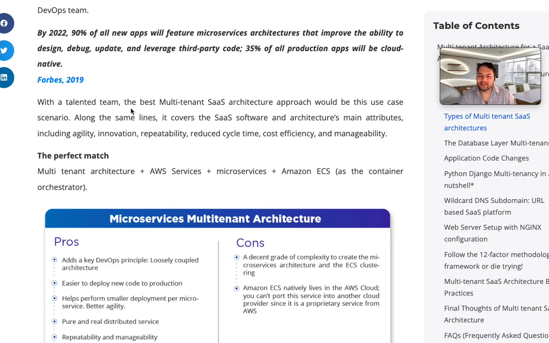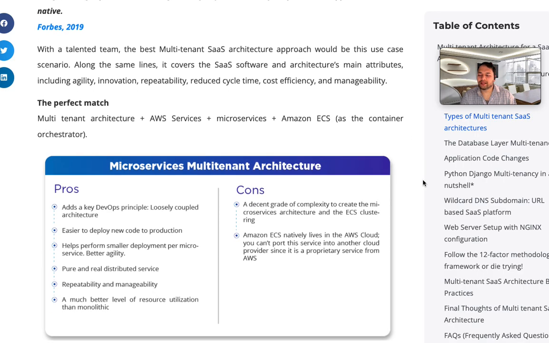With a talented team, the best multi-tenant SaaS architecture approach would be this use case scenario. Along the same lines, it covers the SaaS software and architecture's main attributes, including agility, innovation, repeatability, reduced cycle time, cost efficiency, and manageability. Okay, great sales pitch. Let's continue.